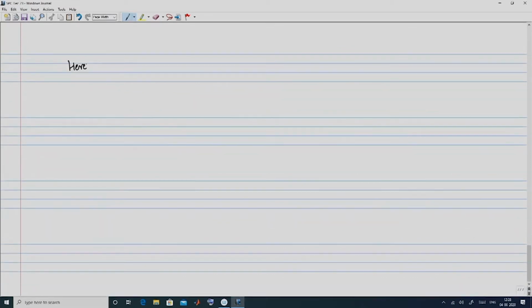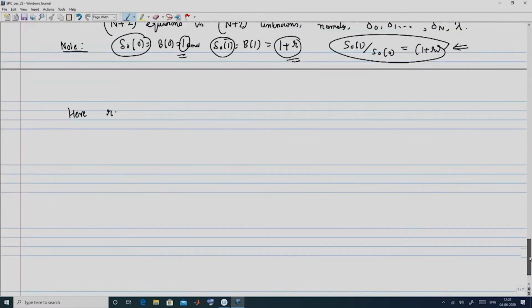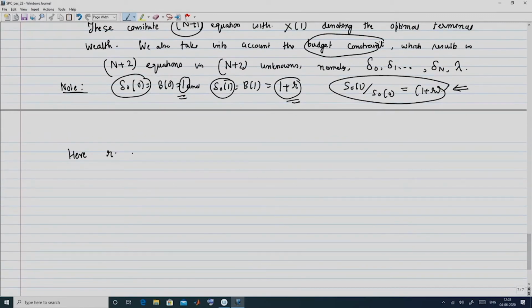So, this newly introduced R that you have here is the single period risk free rate. Remember, we are just considering the single period model.